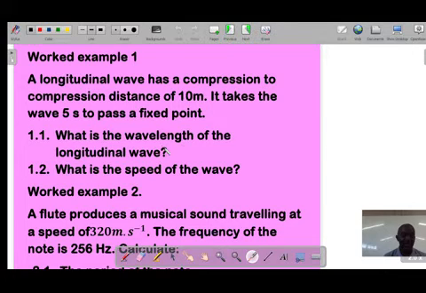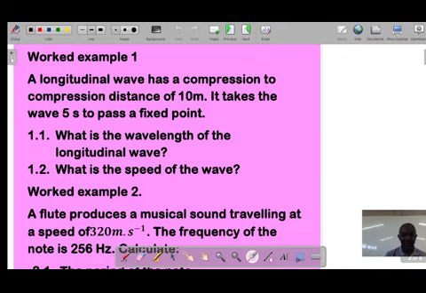What is the wavelength of the longitudinal wave? Read the question again. Then they say, what is the wavelength of the longitudinal wave?